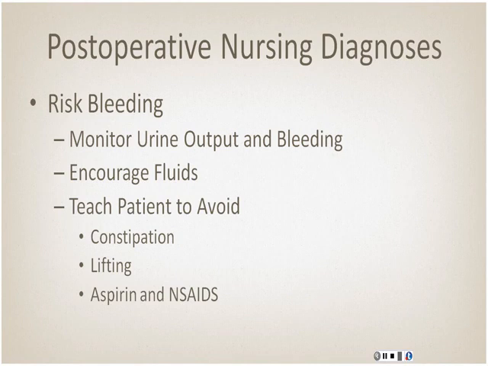Teach patients to avoid anything that can increase pressure in the abdomen, like constipation, lifting, straining, because they can increase the risk for bleeding. And they should avoid aspirin and NSAIDs as they inhibit platelet function and again can increase the risk for bleeding.